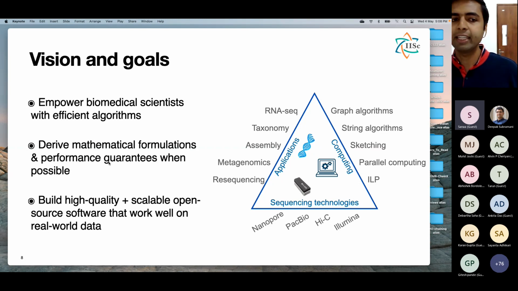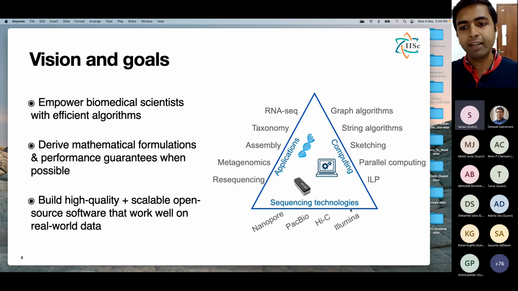We are also interested in giving mathematical guarantees, to better analyze when the algorithms will work and when the algorithms will not work. That is done using various proof techniques, right? And then ultimately, based on the algorithms that we develop, we want to develop prototype software that we can open source and give on GitHub for the community to use.